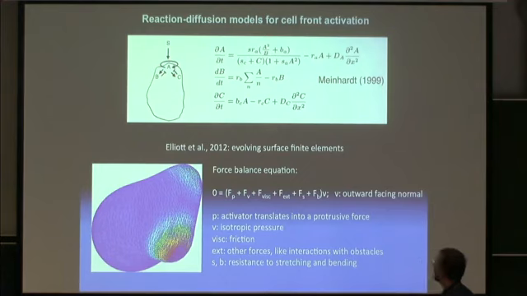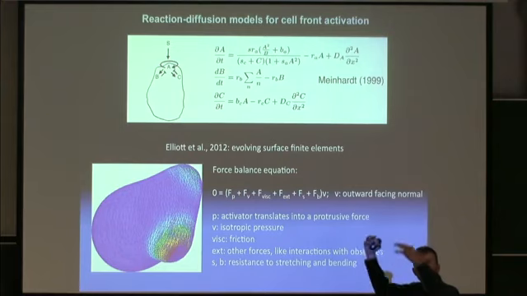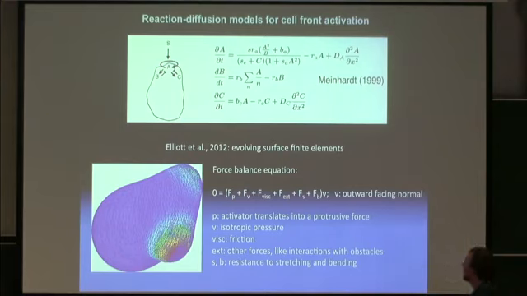This is, for example, work by Charlie Elliott, Schicker, Catamaran and Björn Stinner, who are all here, where they look at the evolving boundary where the activator variable is coupled to this boundary and can result in pushing out that boundary.